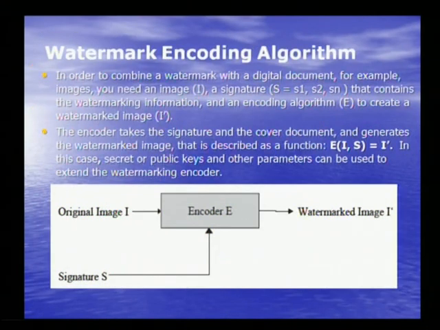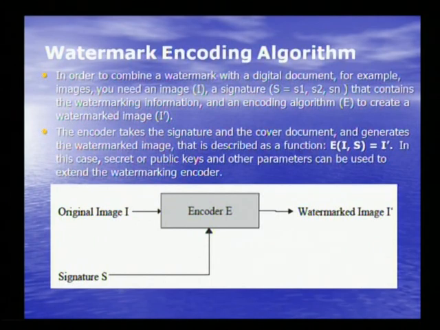In order to combine a watermark with a digital document, for example images, you need an image, you need a secret key or you can say signature or watermark that contains the watermark information, and an encoding algorithm E which is applied on these two to create the watermark image.